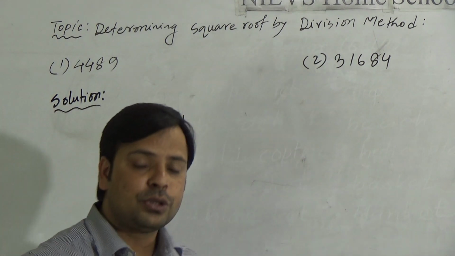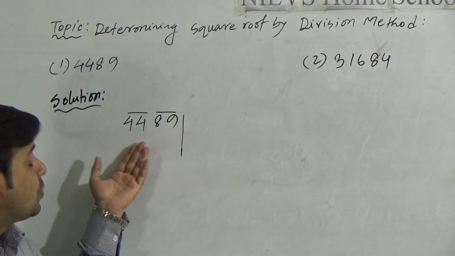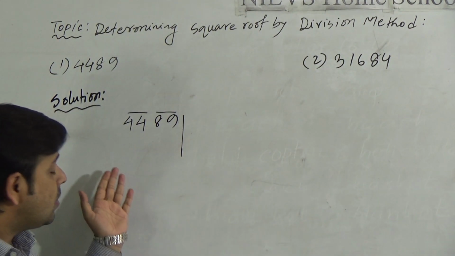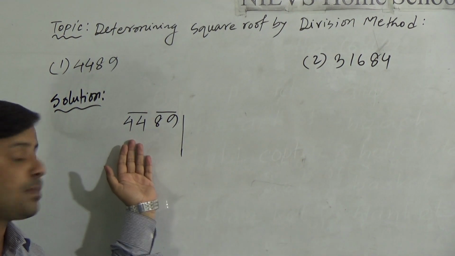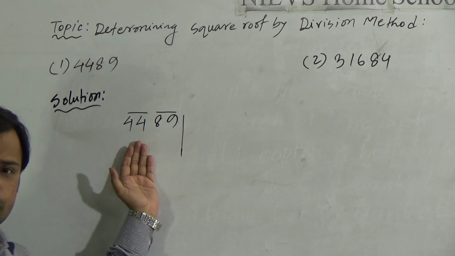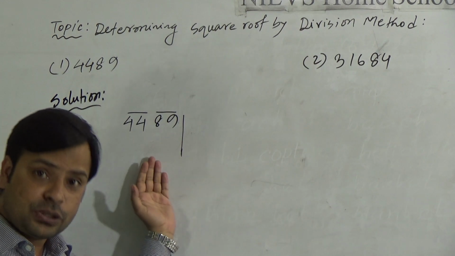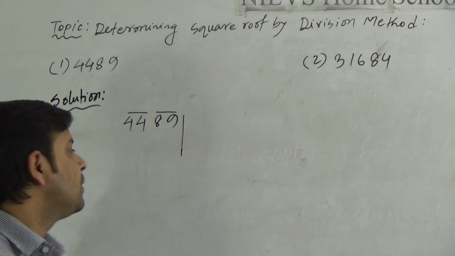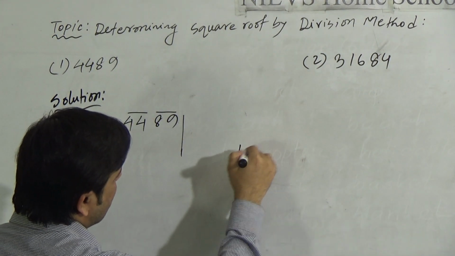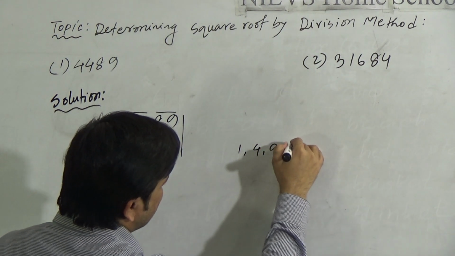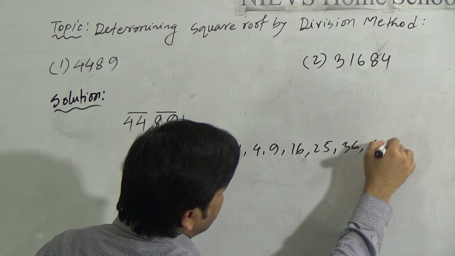To find the square root, you need to know the perfect square number nearest to 44, as the first pair is 44, but not larger. This should be smaller than 44. The square numbers are 1, 4, 9, 16, 25, 36 and then 49.